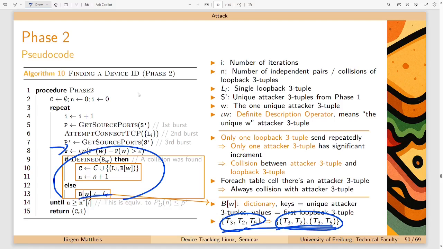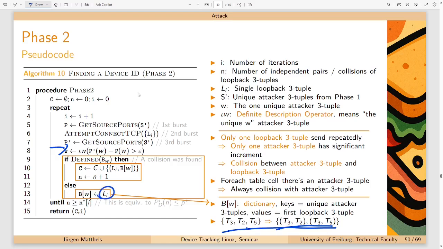If it's the first one to collide, then it goes over here. And this BV is basically a dictionary. The keys of this dictionary are unique attacker free tuples, and the values are the first loopback free tuples that collide with it. And I guess you can guess how this then works: the first time we meet it, we just collect the first loopback free tuple that collides with this attacker free tuple.